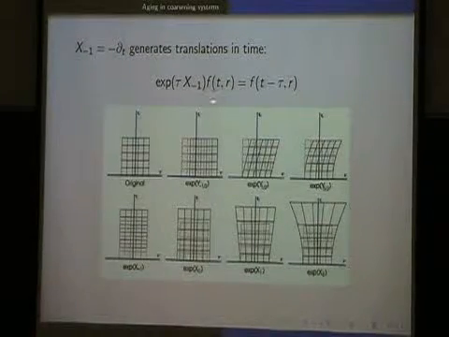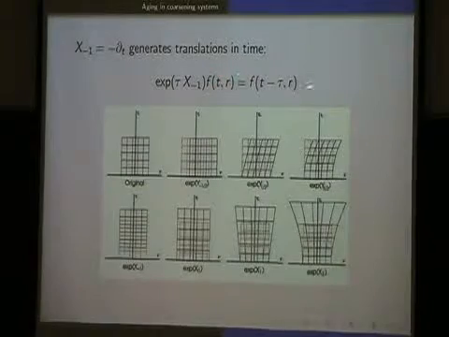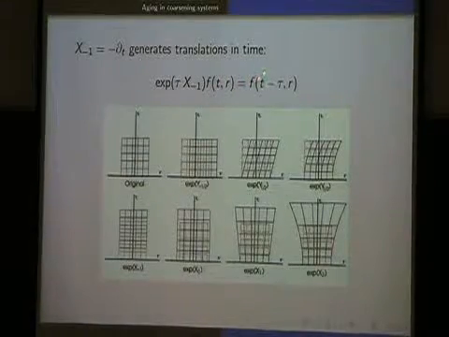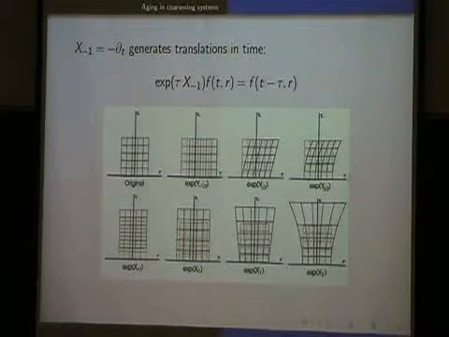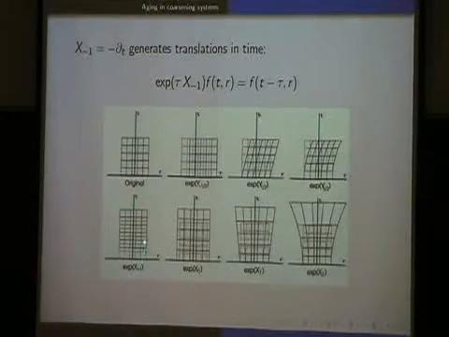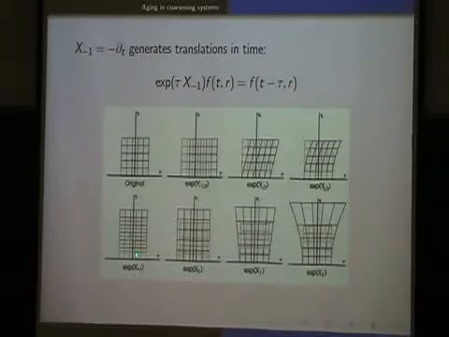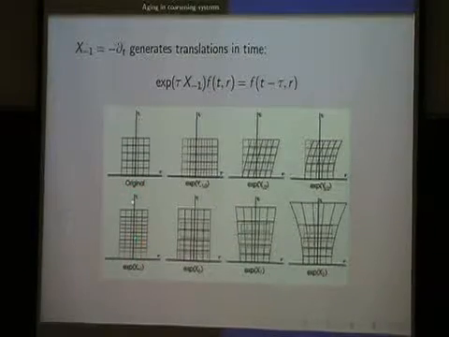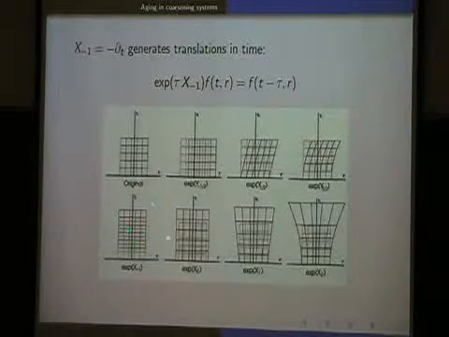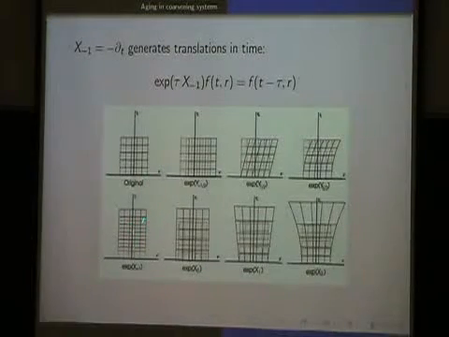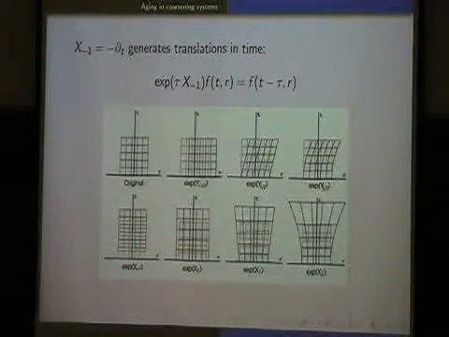When you do that and apply it to some function which depends on time and space, you observe that this is nothing else than t minus tau, so a shift in time. This corresponds to this here. You're seeing space here, time here, and my whole lattice is a space-time lattice, which is shifted in time.